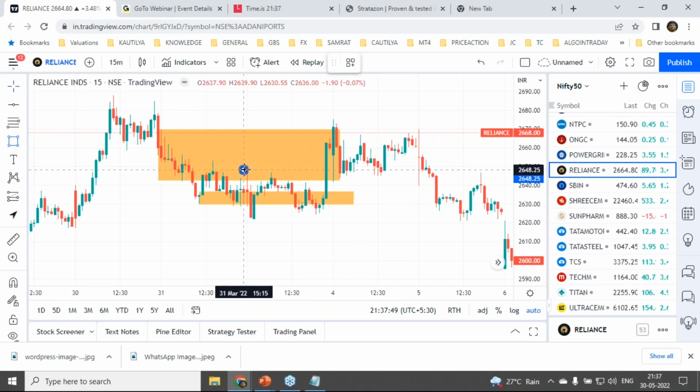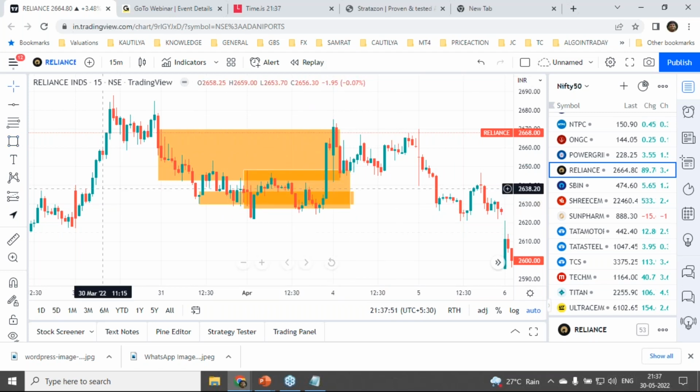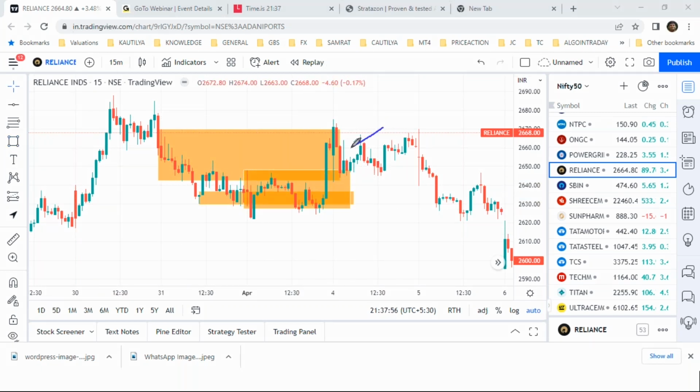And this is also a base in between. Can you guys notice this rally? This movement is there, no? This fellow. This is an outcome of this compression. Compressed rally. 15 minutes candle.